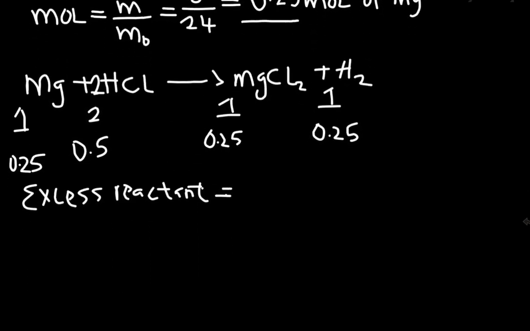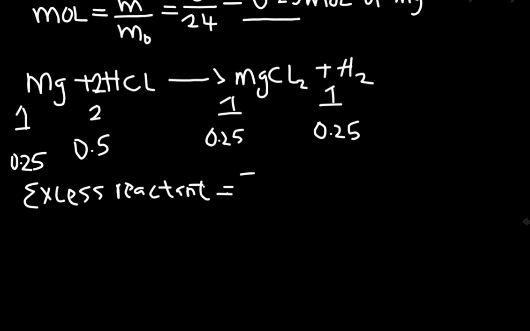Now we'll make use of it here: 3 minus the one we got from the molar ratio, 0.5. You get 3 minus 0.5, which gives 2.5 moles, which is in excess.